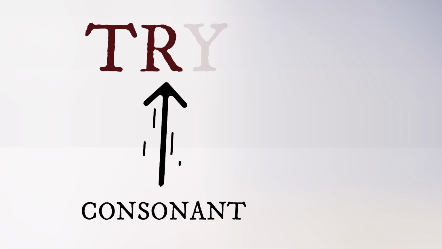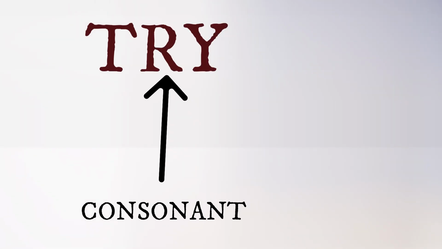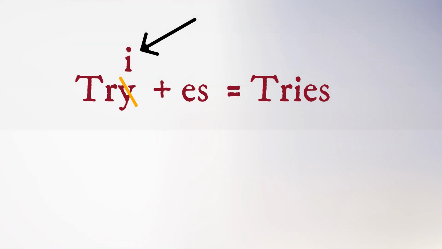And when consonant plus y comes, like in try, r is a consonant and after that y is coming, then y is deleted and we use i in place of y, and after that we add es with it. Okay, I hope you understood. So this is the difference here.